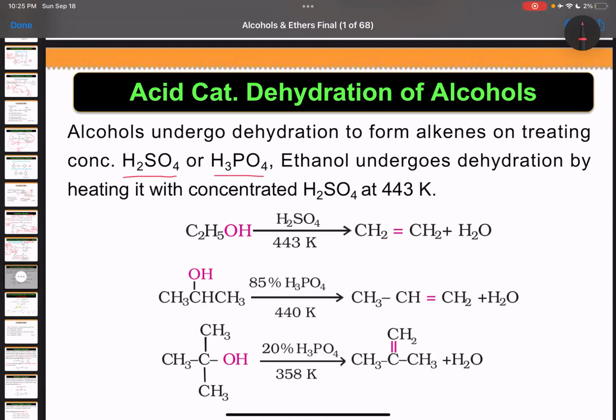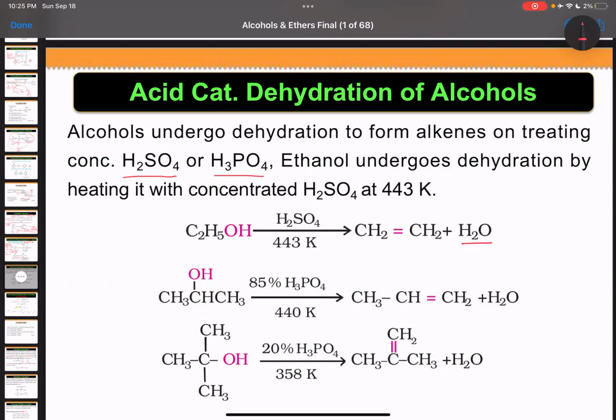You heat them, and you end up with what? Yeah, alkene. It is removal of water, H and OH from adjacent carbon atoms. So that's why it is called dehydration, meaning removal of water. And this is an elimination reaction.